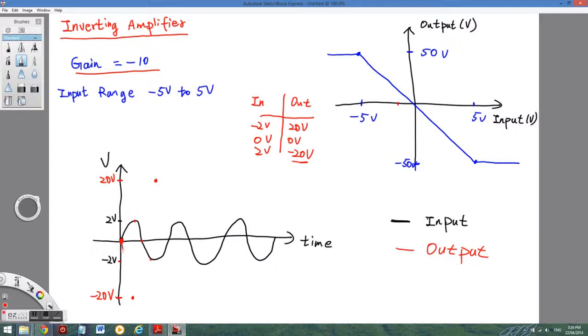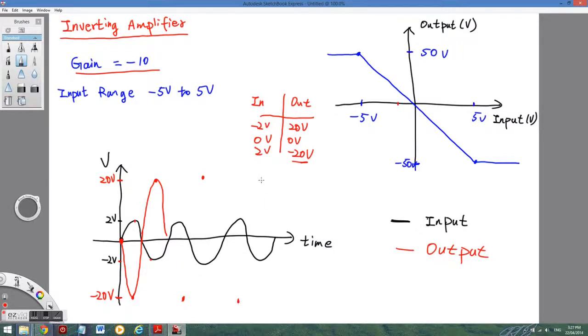So if I sketch the diagram of the output signal, what we can say is the amplitude of the signal has been amplified with a factor of 10, but in the opposite direction.